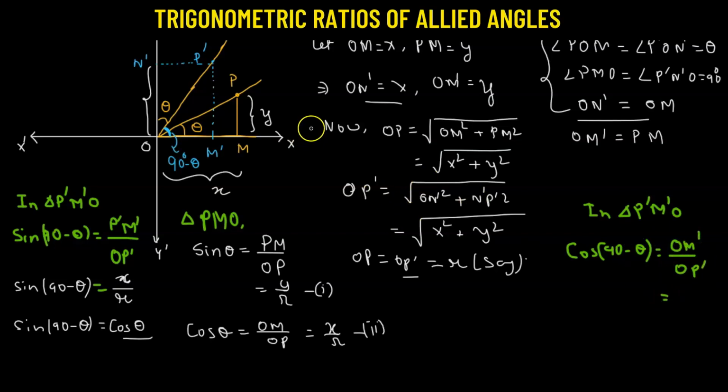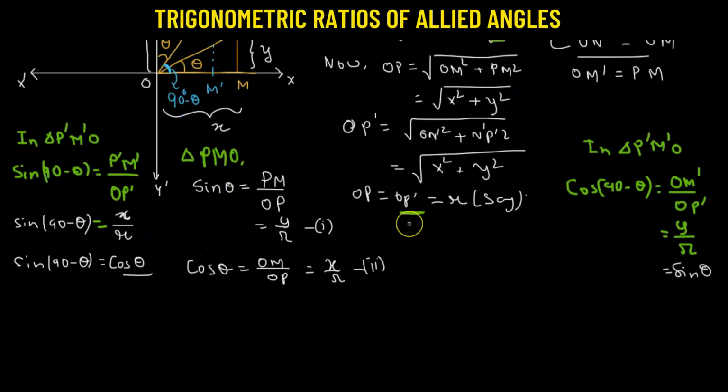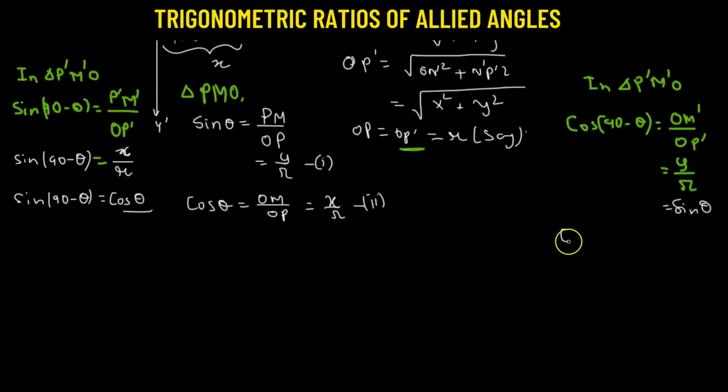What is OM prime? We have defined this value as Y. So we have Y divided by OP prime, and OP prime is R. So we have Y over R, and we have also defined Y over R as sine theta. Hence, we can show that cosine of 90 minus theta is equal to sine theta.